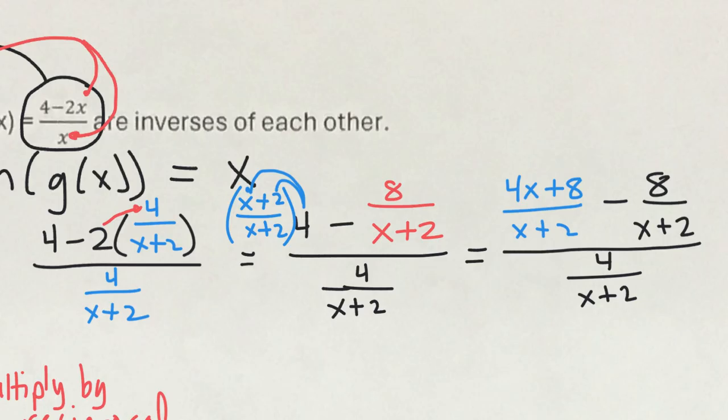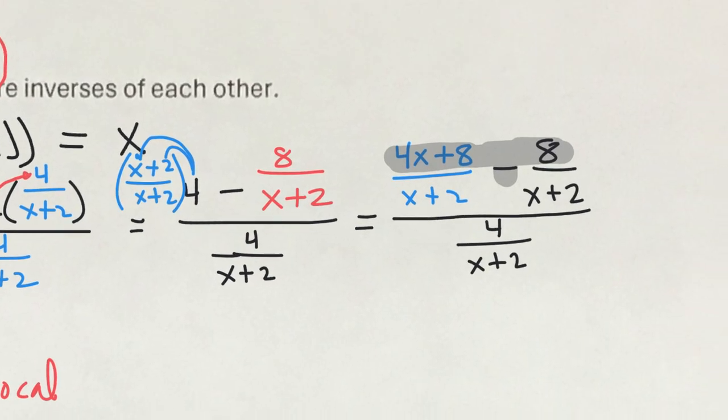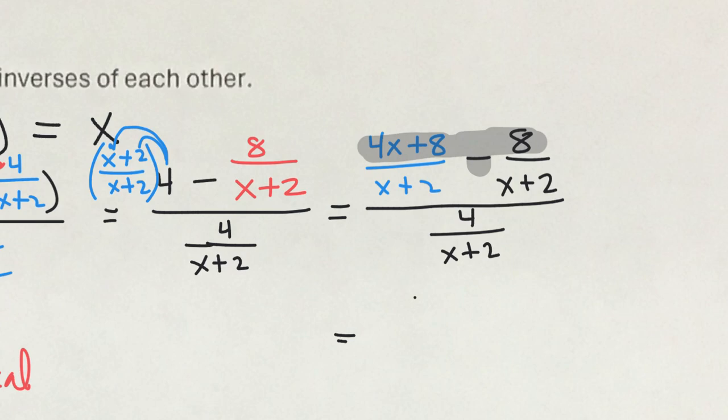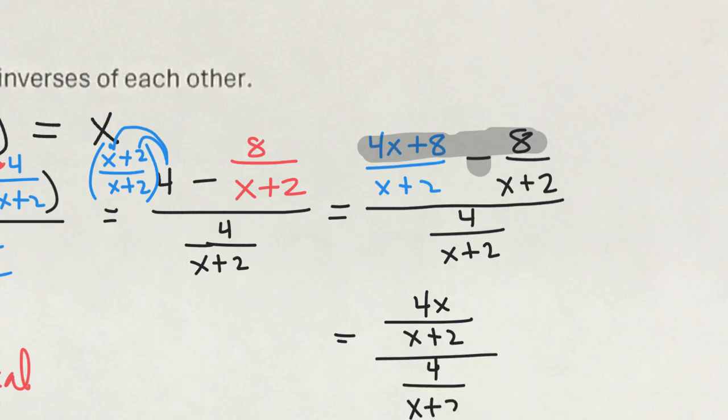So now let's do our numerical addition. So I have 4x plus 8 minus 8. What is 4x plus 8 minus 8? Right, 4x. The 8 minus 8 becomes a 0. So let me come right down here. So this is now 4x over x plus 2 divided by 4 over x plus 2.